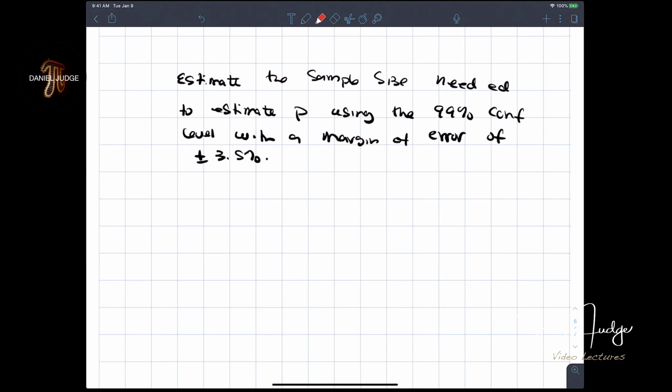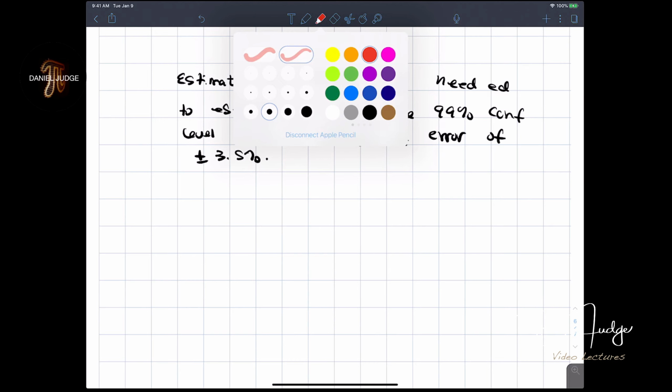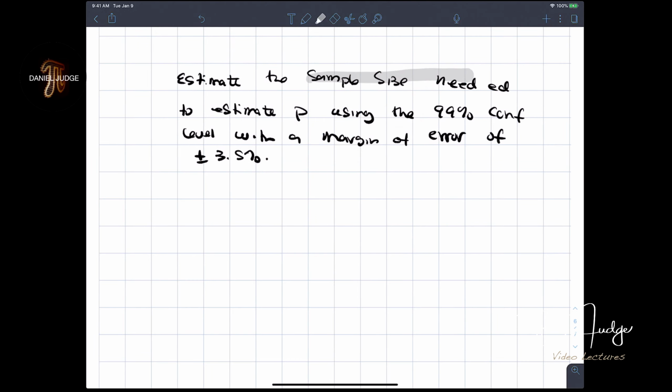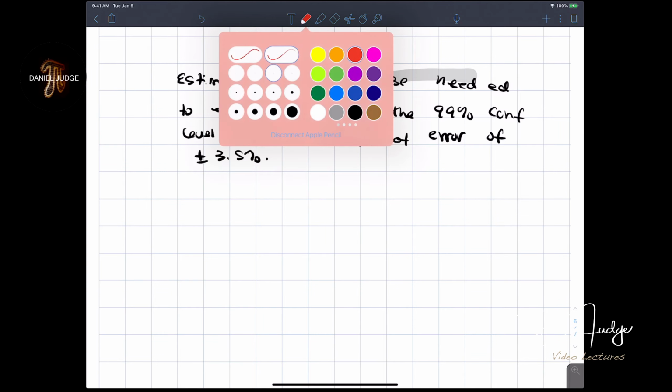You're going to estimate again the sample size needed. You're estimating n.